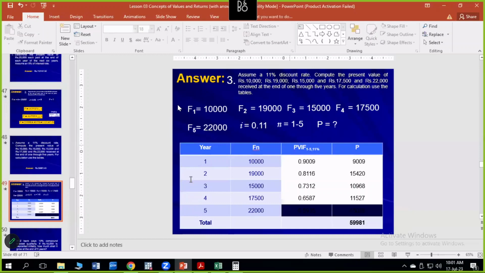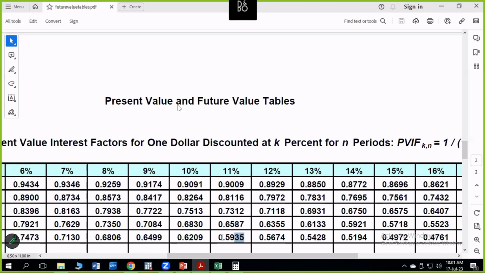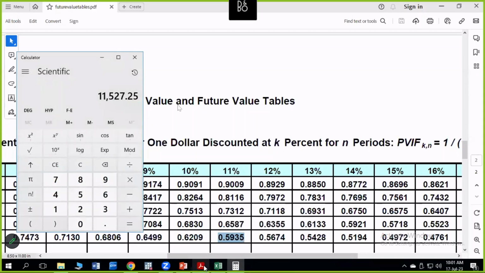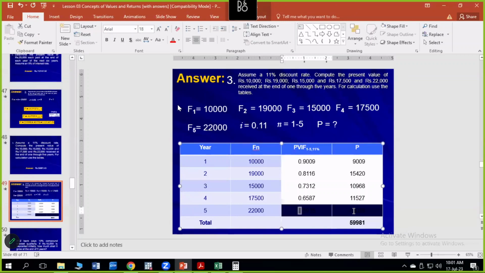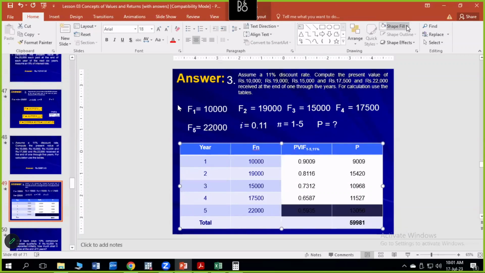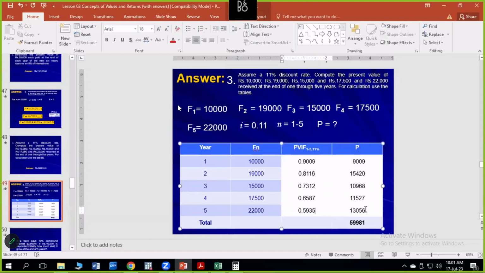So for the fifth year, you want to find the factor 0.5935. So you can substitute and get that answer, 13,087.